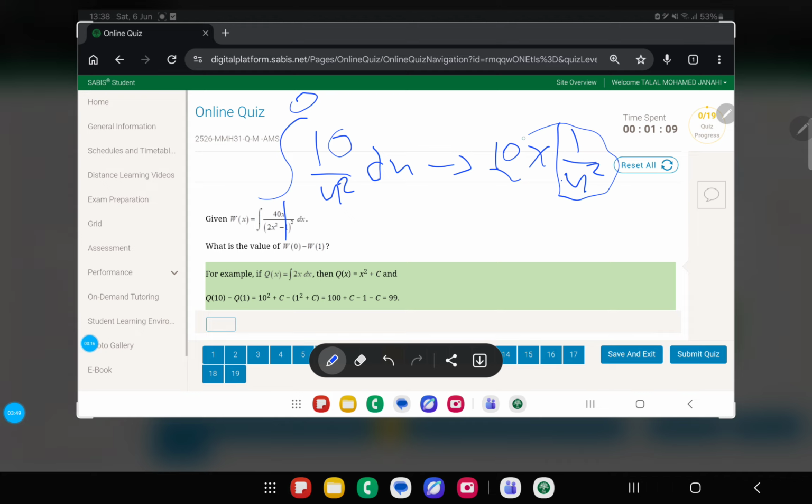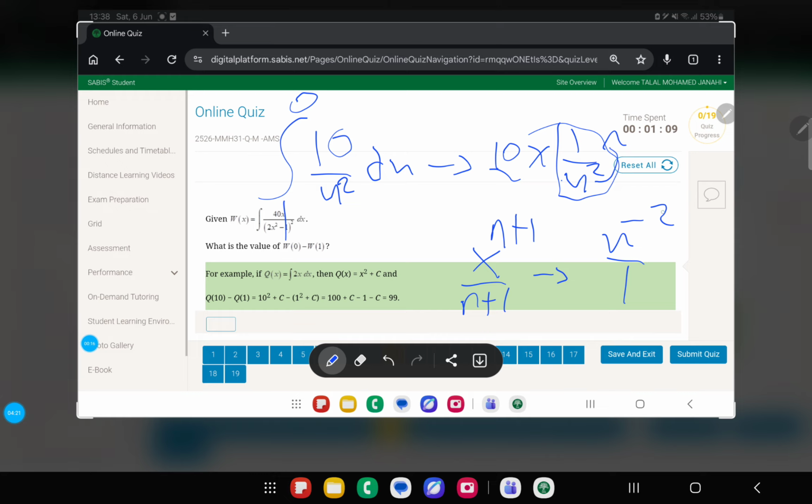So now we integrate this. You know the rule for integration: x to the power of n plus 1 over n plus 1. Alright? So let's solve it in terms of that. Since it's in the denominator, we have to bring it up. So it becomes u to the power of -2. Now we integrate it.